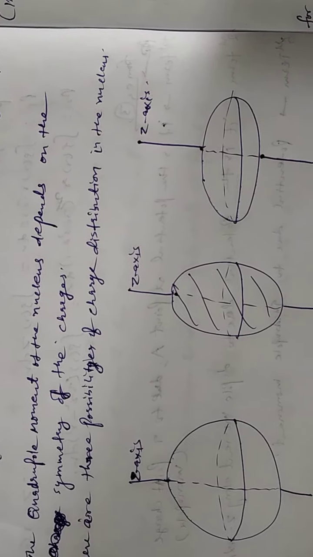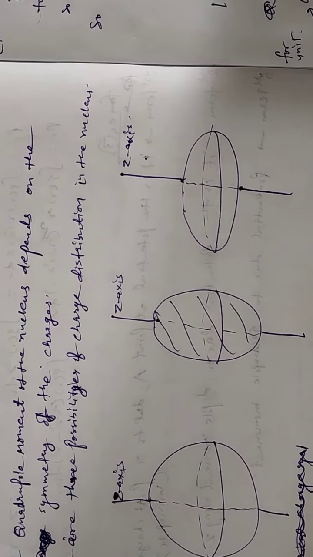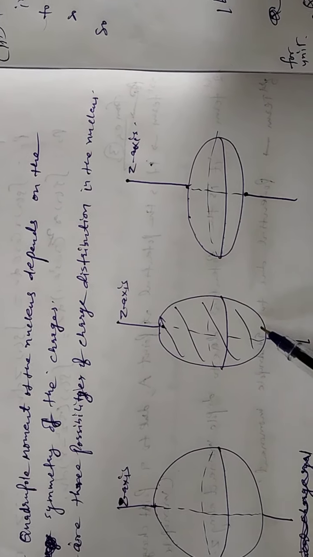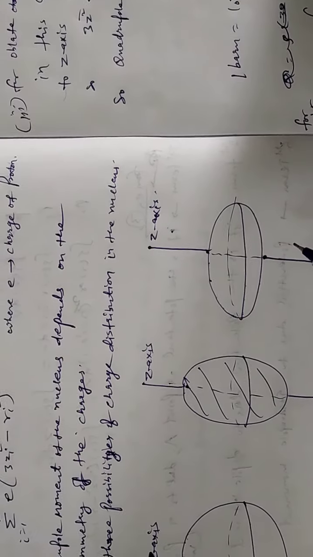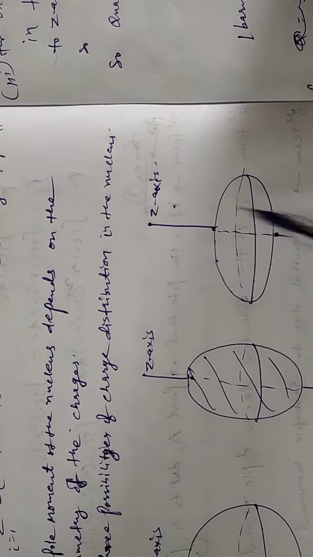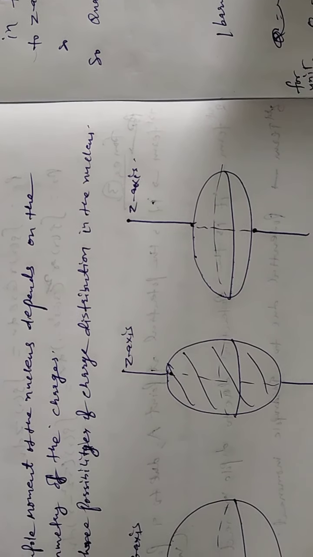The second is the charge distribution in which the charge is stretched along the z direction, the prolate spheroidal. And the third is the oblate spheroidal charge distribution, in which the charge is stretched perpendicular to the z axis.